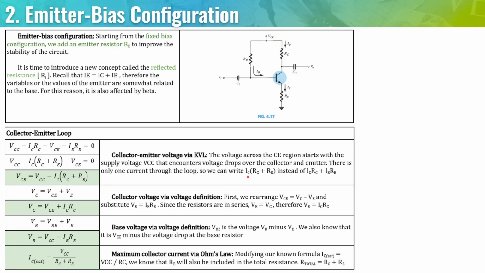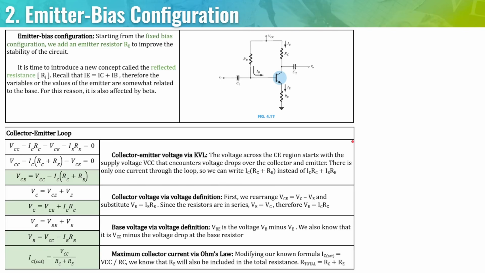The reason it is grouped together is because there is only one current through the loop. So we can write IC times RC plus RE instead of having one current for the collector and one current for the emitter. Again, this is just one path, just one current.